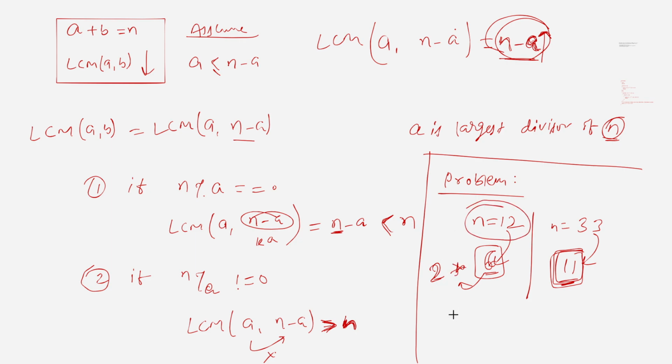And if we can find the smallest divisor of n, then can we say that n by the smallest divisor, that is 2, would be the largest divisor, because the multiplication of 2 and 6 is 12. So if this is the minimum, this will be the maximum. Now one more thing: if n is a prime number, then the answer would be 1 and n minus 1, because there is no divisor of n.